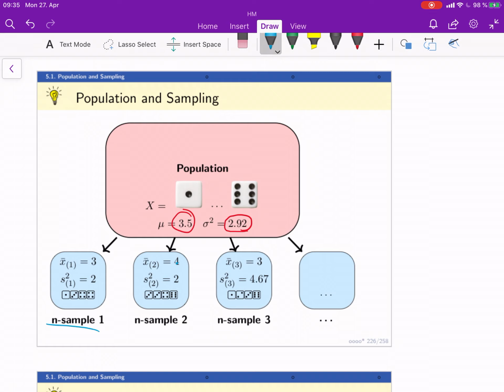For example, we could end up with this sample 1, 3, 4, 4. That sample exhibits a mean value of 3 and a variance of 2. So the mean value is a little bit off from 3.5, variance as well. That's kind of what we expect.